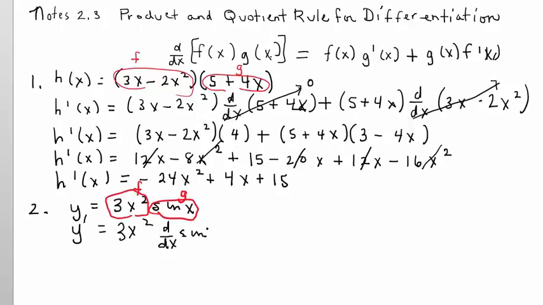Plus the second factor, sine of x, times the derivative of the first factor, 3x squared. I know some of you guys are going to be comfortable without writing this step, and you can go right to this y prime final answer. But let's practice the setup for a little bit.